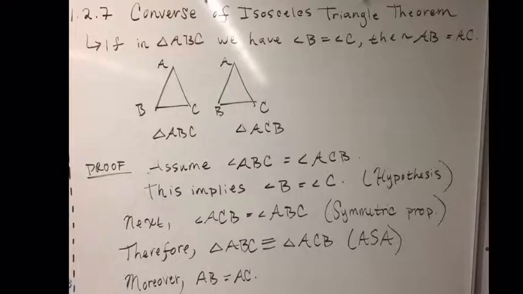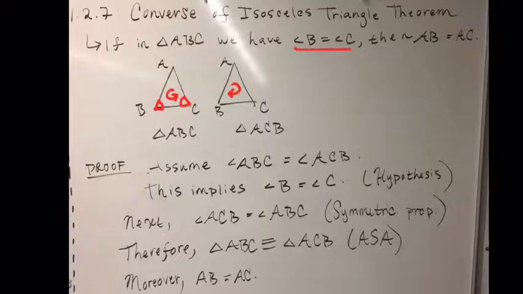And so having a pair of equal angles guarantees a triangle to be isosceles. And the argument is completely analogous to the previous one, except that because we began with the assumption that two angles were the same, instead of running a side-angle-side argument, we ran an angle-side-angle argument. Because this angle and this angle we know are congruent.